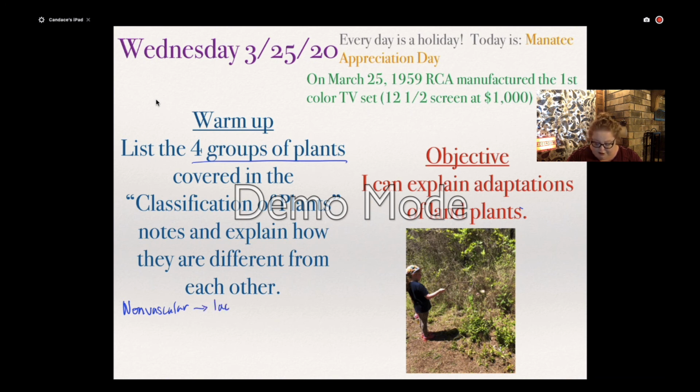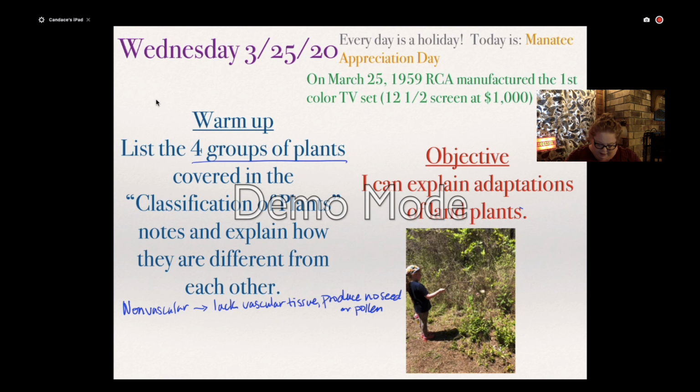They lack vascular tissue, obviously based on their name, and they also produce no seeds or pollen. They also don't produce flowers or fruit or any of the other things that we probably associate with plants.